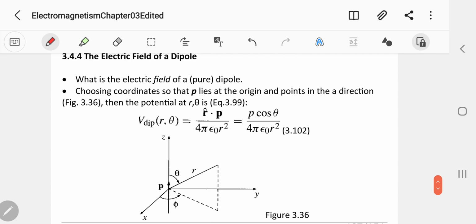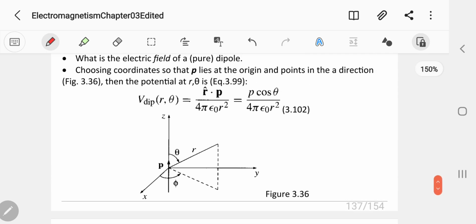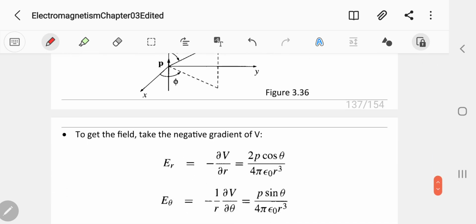So looking at this, you have the potential of the dipole. This is just R hat dot P, and that is just equal to P cosine theta over 4 pi epsilon sub O R squared.